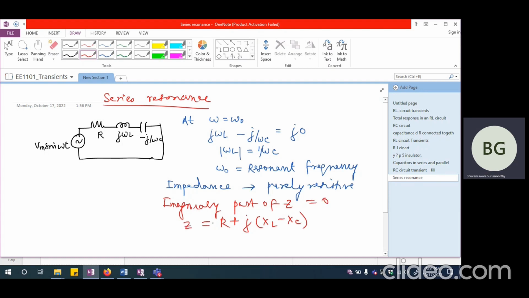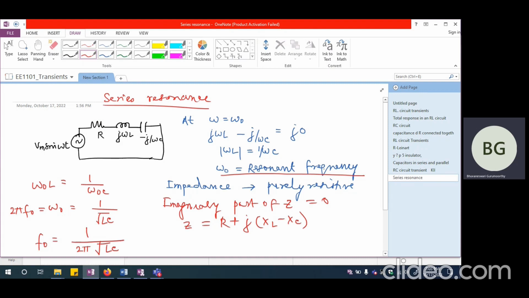So Z is this and the imaginary part is 0, and that is why we call this the resonant frequency. So if we say omega naught L equal to 1 by omega naught C, we get omega naught equal to 1 by root LC, which is equal to 2 pi F naught. So F naught is going to be equal to 1 by 2 pi root LC. This is going to be the resonant frequency.